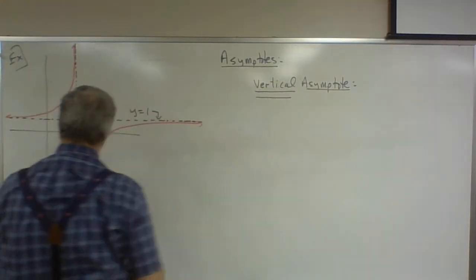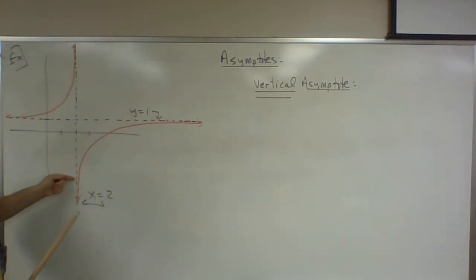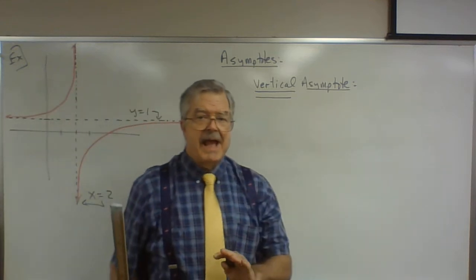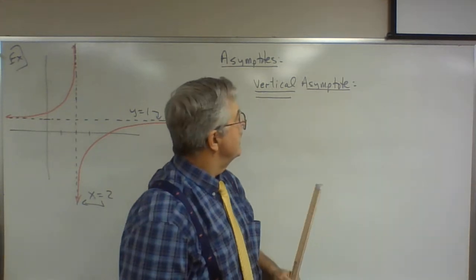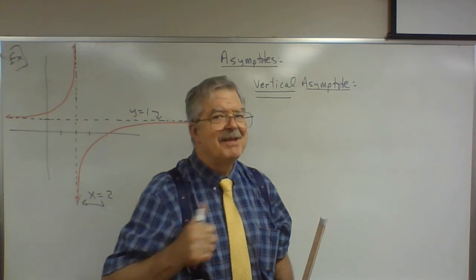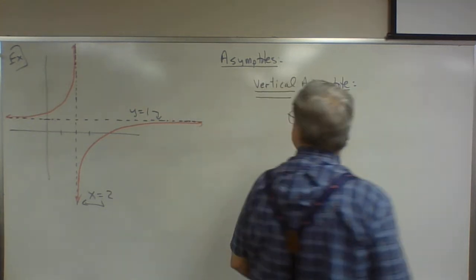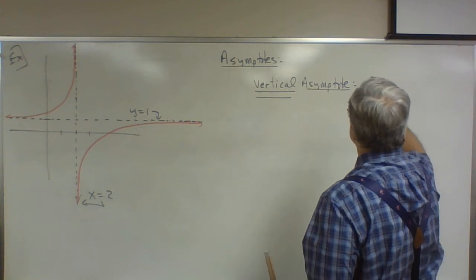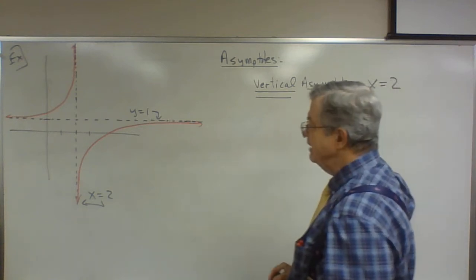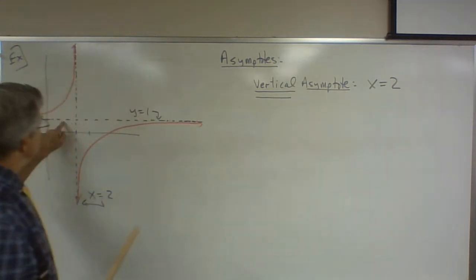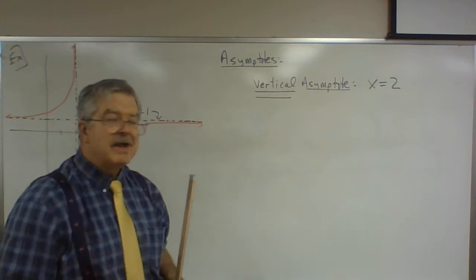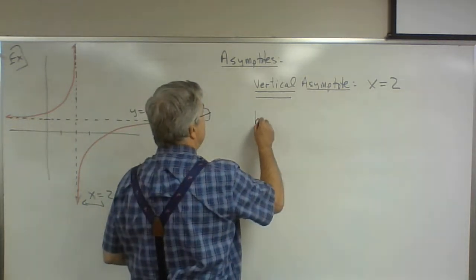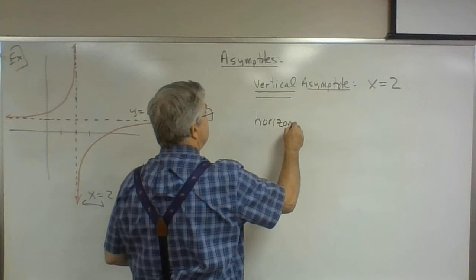This line, x equal 2, is a vertical asymptote. Any asymptote that happens to be a vertical line is a vertical asymptote. That's easy enough that even I can figure that one out. So x equal 2 is a vertical asymptote. This line right here, y equal 1, it's a horizontal line. And you guessed it, we call that a horizontal asymptote.